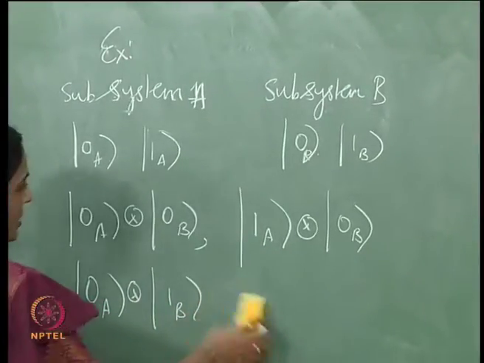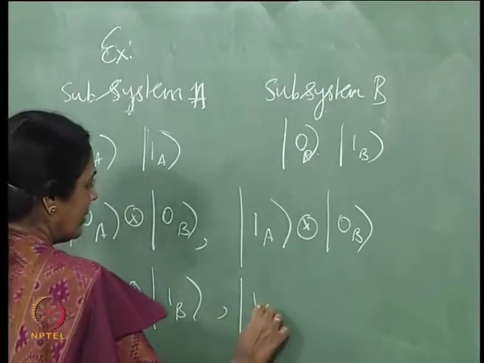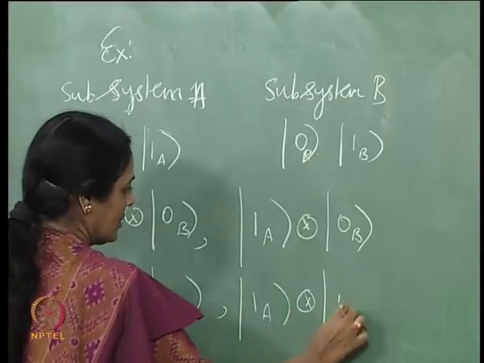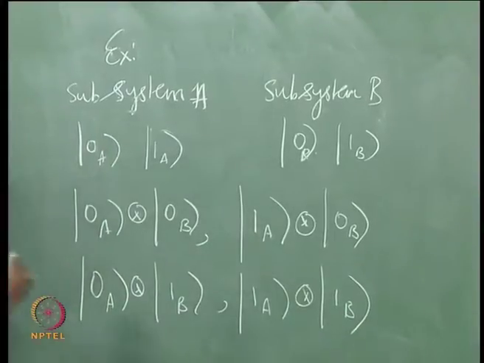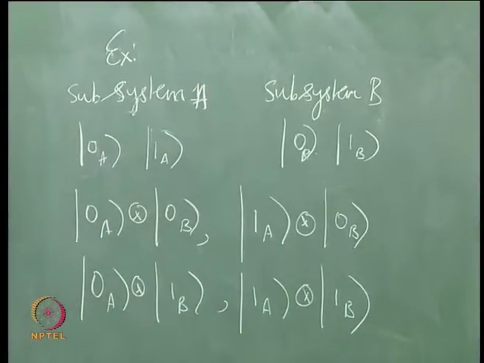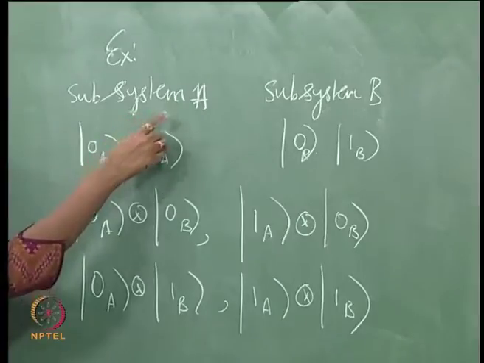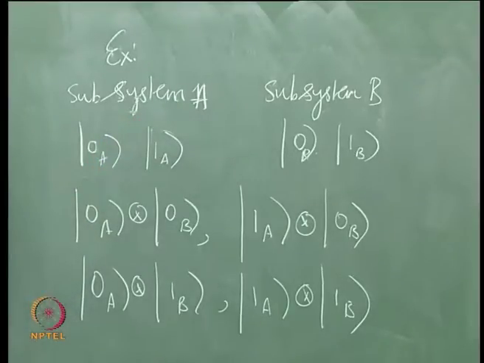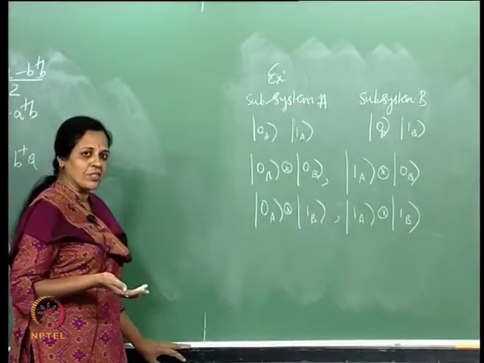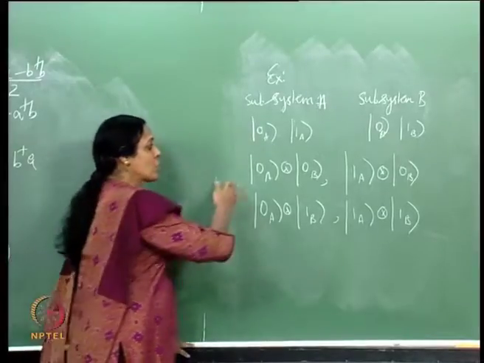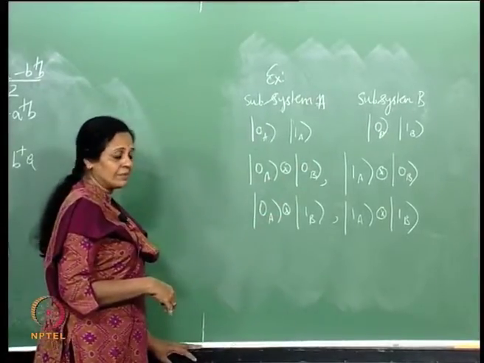And the last is 1A tensor producted with 1B. So there are 4 basis states. It's pretty clear that if subsystem A had 3 basis states and subsystem B had 3 basis states, then you would have a total of 9 such states.